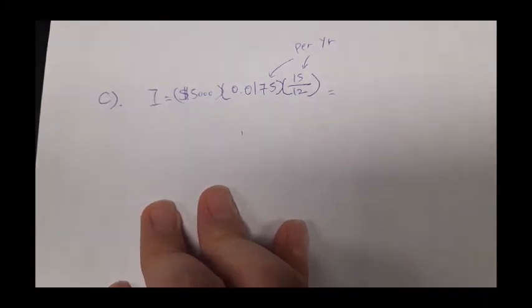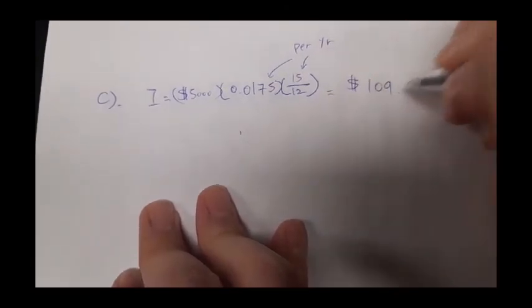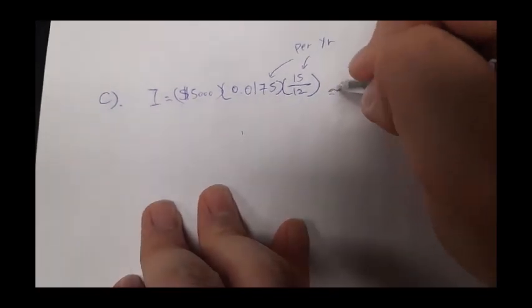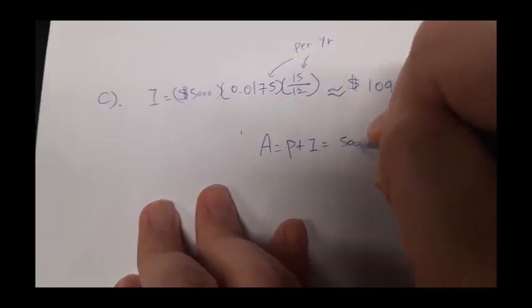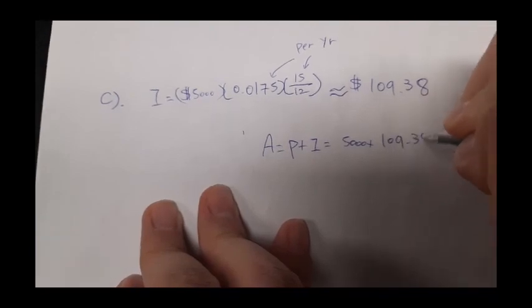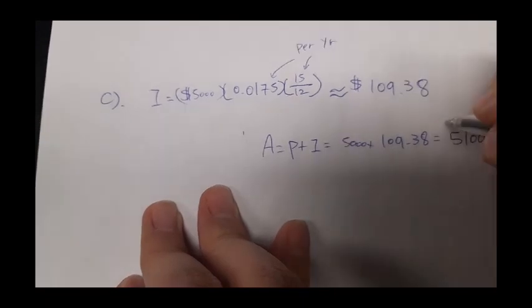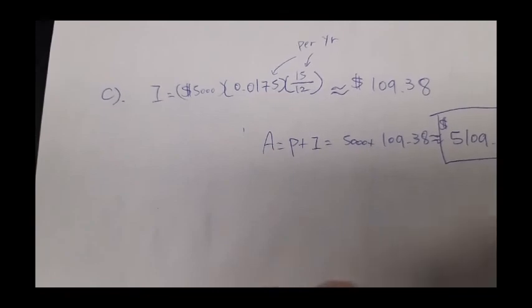So 5,000 times 0.0175 times 15 divided by 12 is equal to 109.38, rounded. So A is equal to P plus I, 5,000 plus 109.38, which is $5,109.38. And that is the total value.